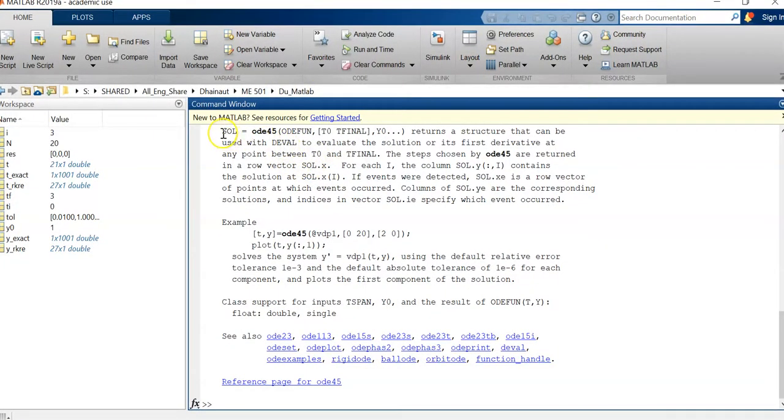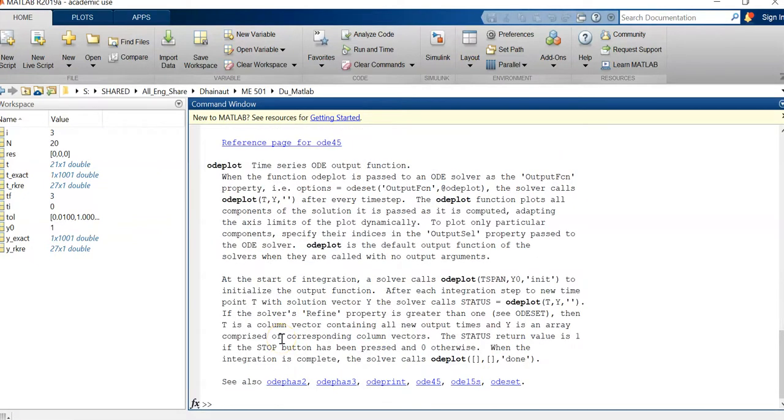You see the solution is ODE45, where the ODE function is your function, the F that we use. T initial, T final, you see a little bit different. You need to put in between brackets, and then this will be the initial condition. Okay? And they give you an example. If you want to use it, go ahead. You see they have all this stuff over here. You can play with them. But I'd rather have my own code to know exactly what it's doing.